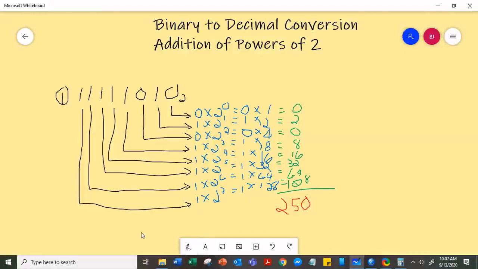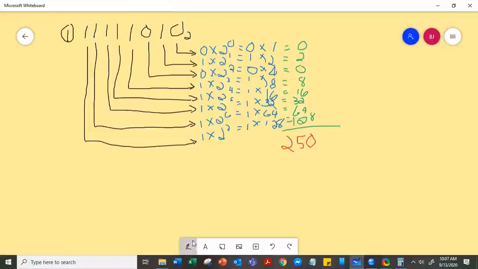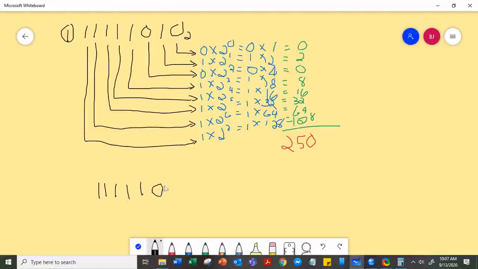So let me just go a bit downwards here and rewrite the number. 1, 1, 1, 1, 1, 0, 1, 0, base 2. Now, instead of doing this place value method, I just go directly to the top or the bottom of the binary number, then I just put the powers of 2 there.